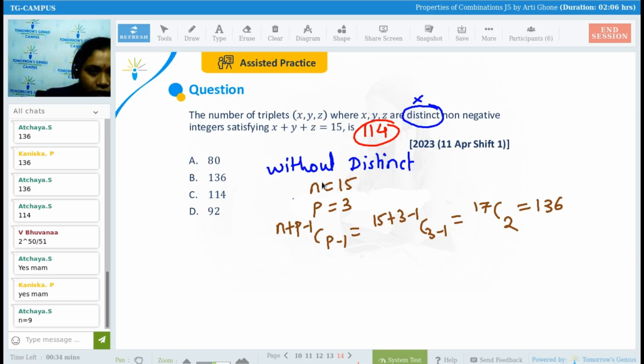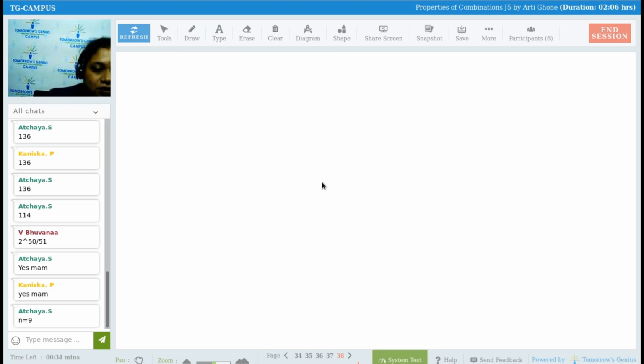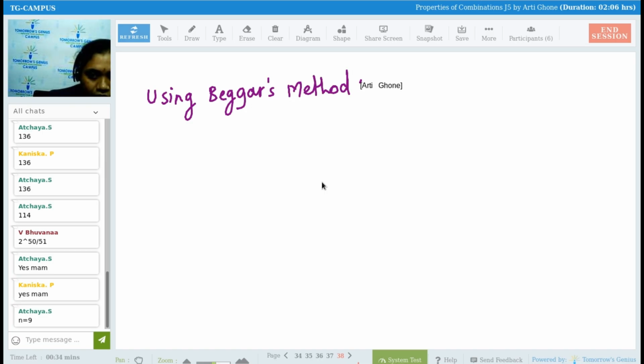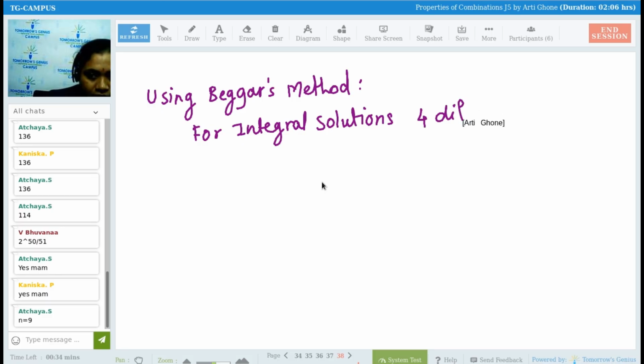So write down in your notebook, whatever I am writing on this slide. Using Beggar's method for integral solutions, 4 different distributions arise.